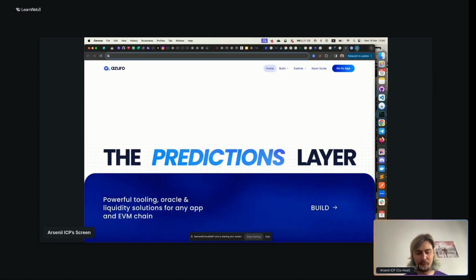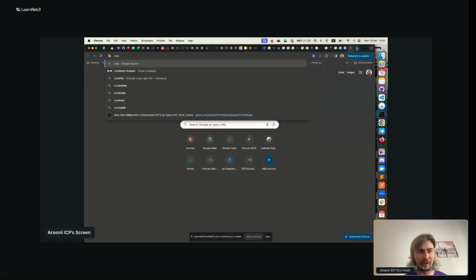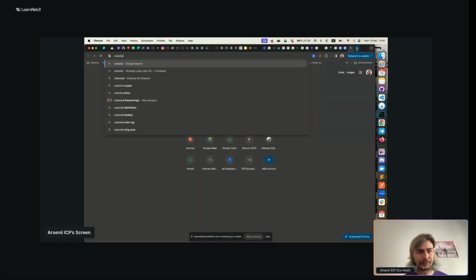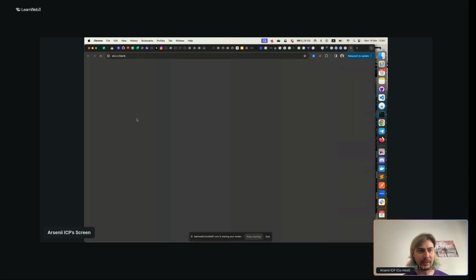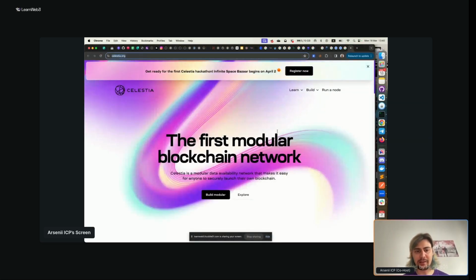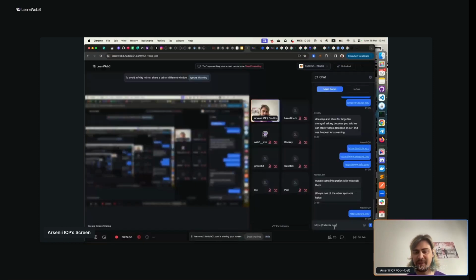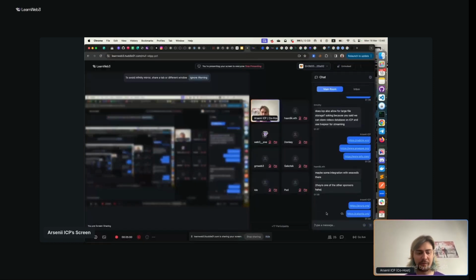Also what you can do is decentralized indexers. For example, you can use Celestia as a data availability layer. So you can run an indexer of any chain and store this data in a decentralized way.